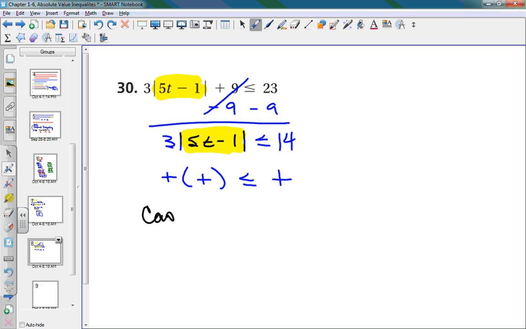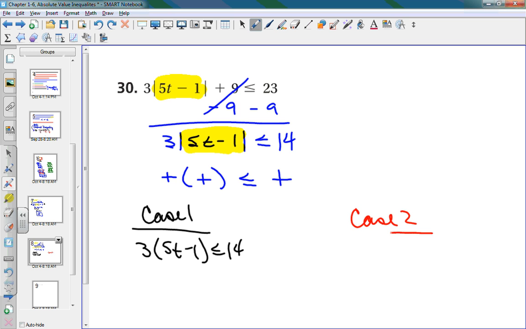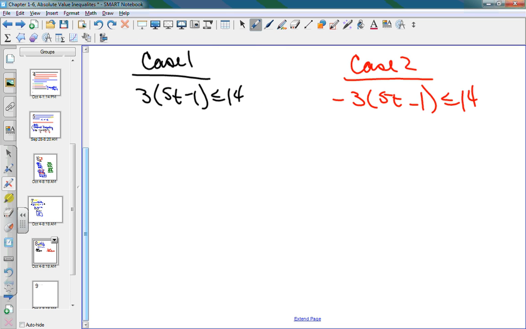So case 1 gives me 3 times 5t minus 1 is less than or equal to 14. Case 2 gives me -3 times 5t minus 1 is less than or equal to 14. Do we all see that, yes or no? Okay, so what do I do here?